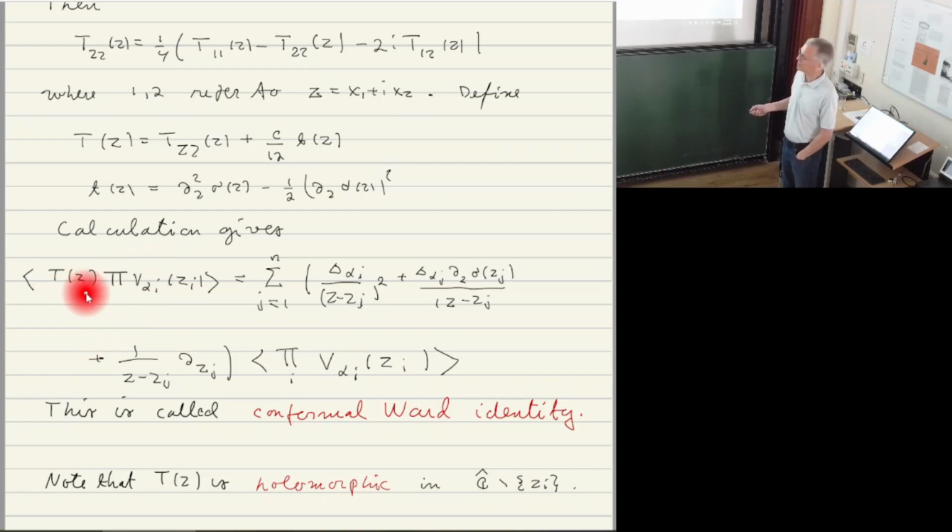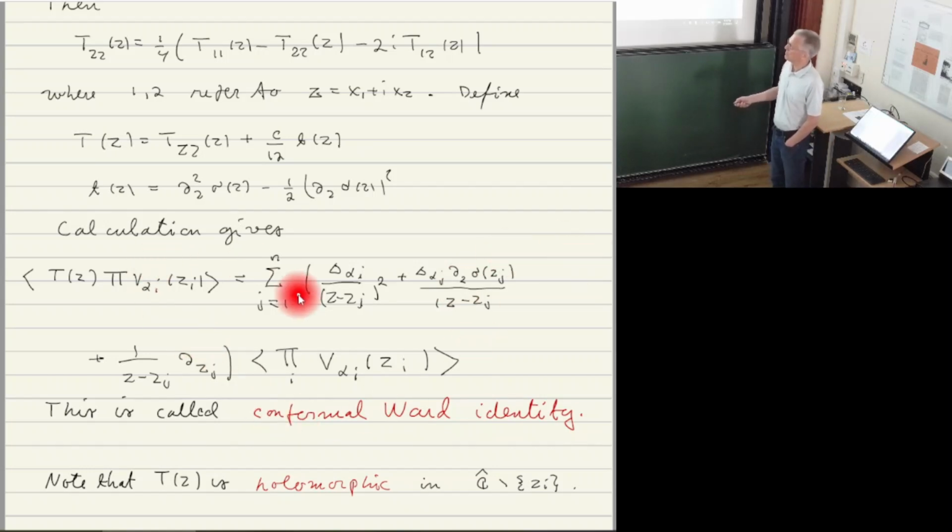You have some sort of simple operator product expansion. What are the coefficients? Well, conformal weights come, and there's a square singularity when z goes to each of the points. And then there are some first order singularities. There's a term which depends on the metric at the point, but if you take the metric, for instance, flat around the point, this is not there.